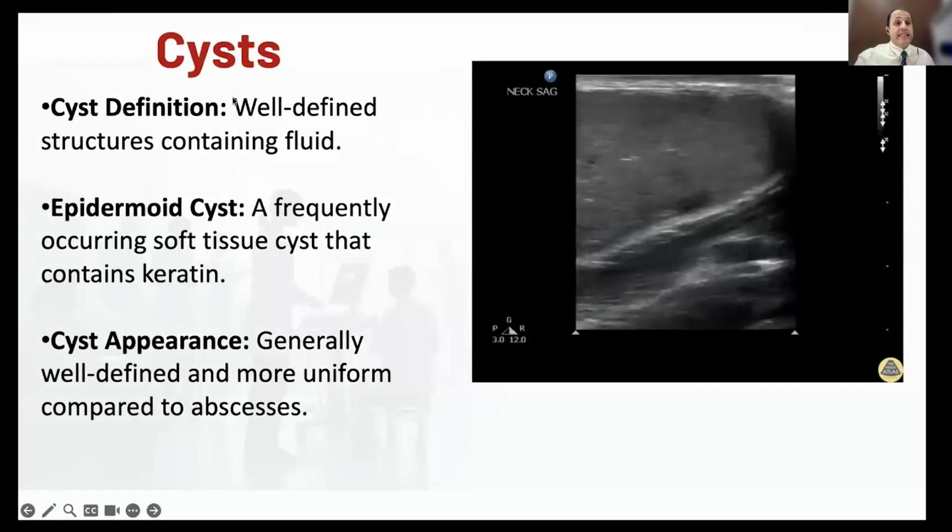Another mimicker is a cyst. A cyst is usually a well-defined structure containing fluid. The most common of them is the epidermoid cyst. How can we differentiate a cyst from an abscess? Usually cysts are well-defined and more uniform compared to an abscess. If you push on the cyst with the ultrasound probe, it is movable, but abscesses are not movable.